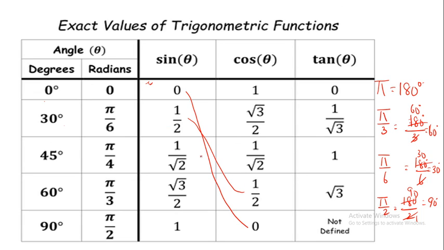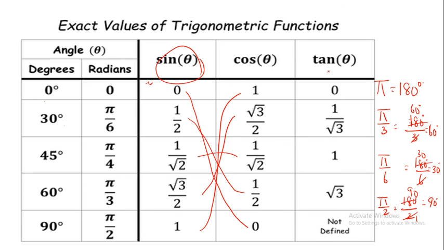Next, sine 45 and cos 45, both are the same. Next, sine 60 is cos 30. Next, sine 90 is cos 0. So if you learn only the sine values, you can easily remember the cos values. If you know sine and cos values, you can easily find the cosecant and secant values. This is the first concept.